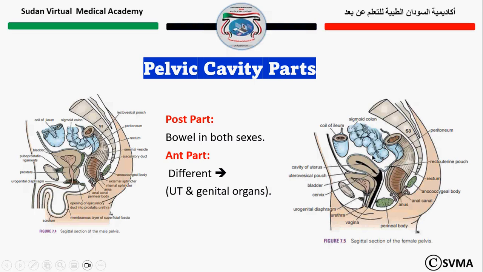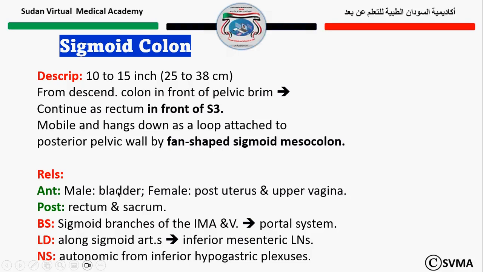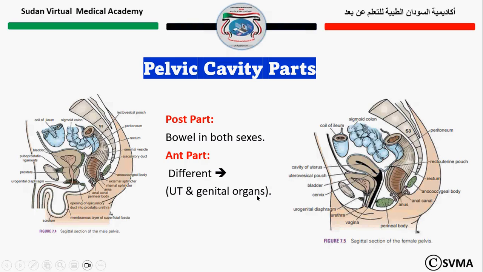In the male, there is nothing here between the sigmoid colon and the bladder. So go again. In the male there is the bladder. In the female, between the sigmoid colon and the bladder, you'll find the posterior part of the uterus and upper vagina. However, posteriorly you'll find the rectum and sacrum in both males and females. So behind, because it's the posterior part of the pelvic cavity, is similar. You'll find the rectum and sacrum. This is the sigmoid colon.